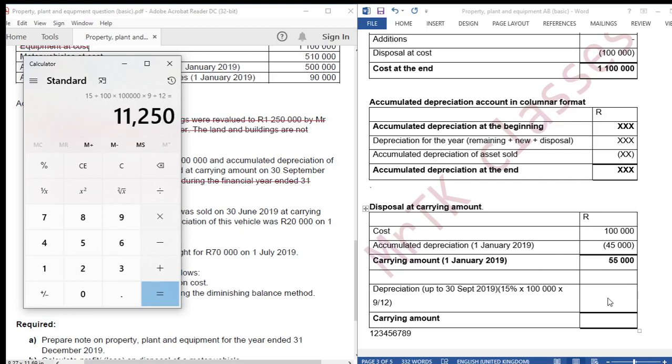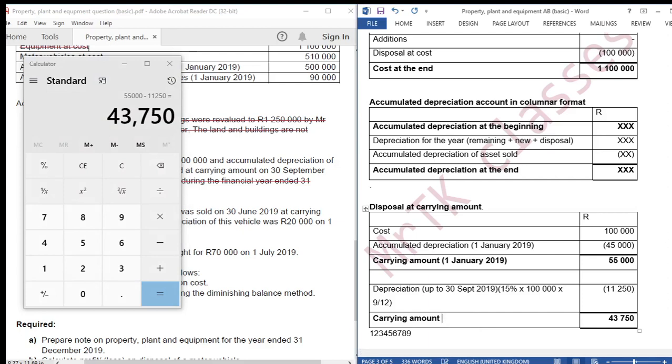We get 11,250. We are going to say 55,000 subtract 11,250. That's 43,750.